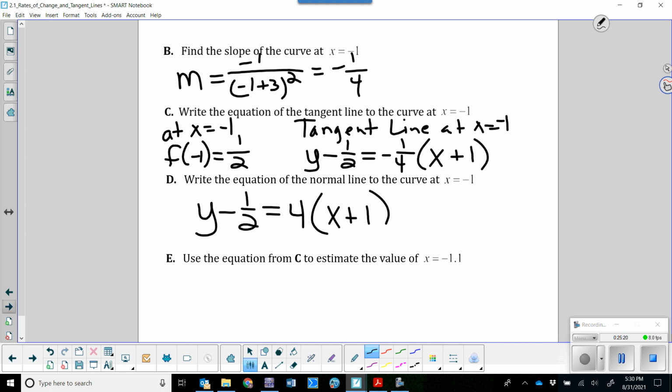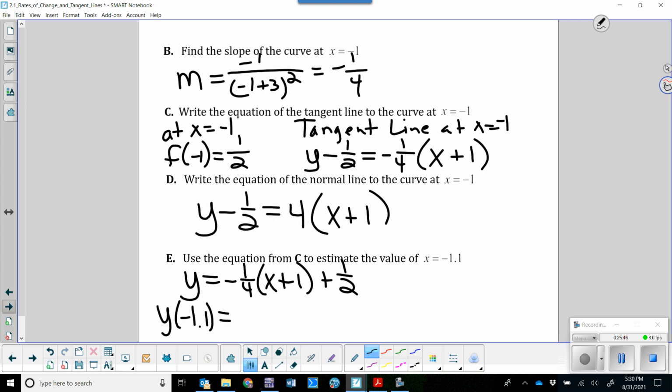And then they say use the equation that we found in part C to estimate what happens at negative 1.1. This is actually going to be a very common thing to do. So all I'm going to do is write that equation again right here with that negative 1/2 moved to the right. And we want to find y of negative 1.1 because we're just estimating the value.